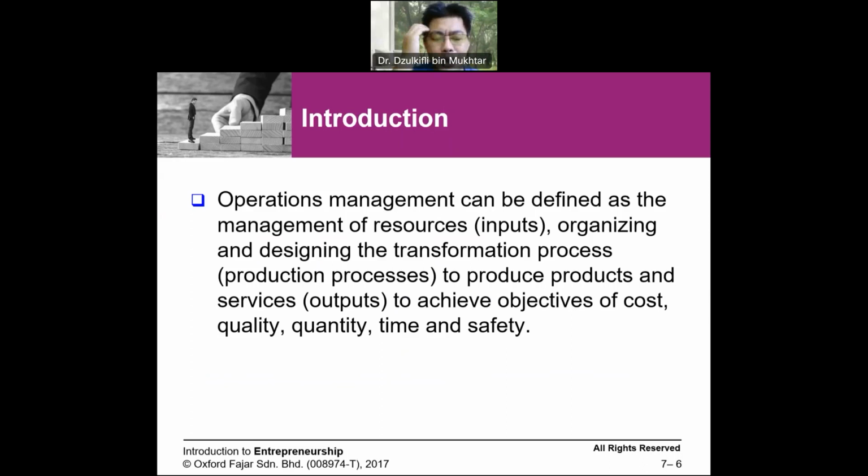We don't want you to produce product that is good quality, but you don't meet up the scale of the business. Contohnya, banyak sangat produce. I don't think so. But if you produce small numbers, you cannot cope with the demand. Okay.